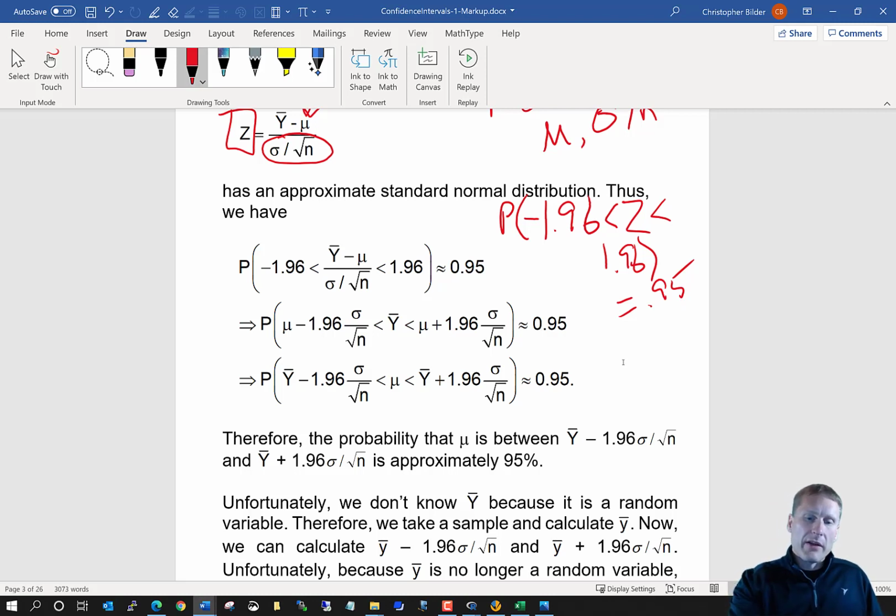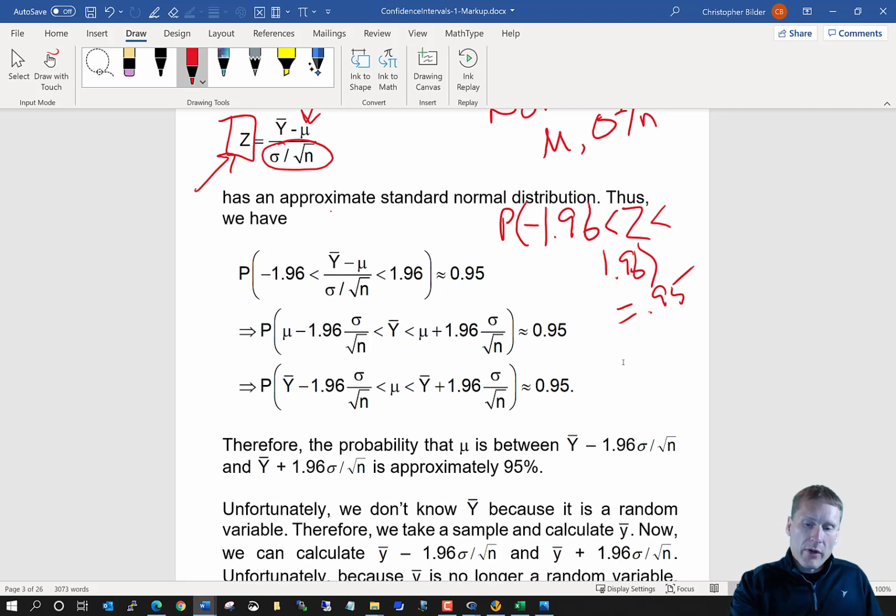Now, based upon the central limit theorem, we know that z has an approximate standard normal distribution. So how about we put in what z is here, and then we put negative 1.96, positive 1.96, and then I use the approximate symbol with this 0.95.